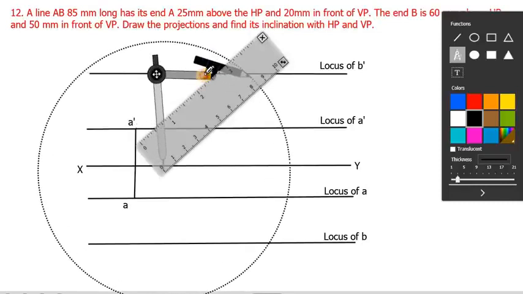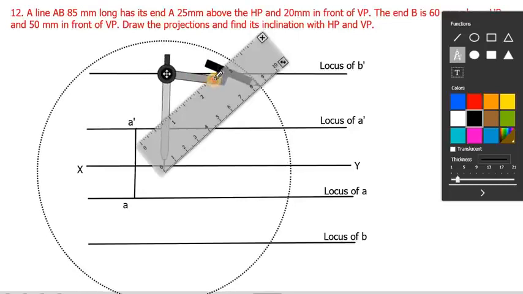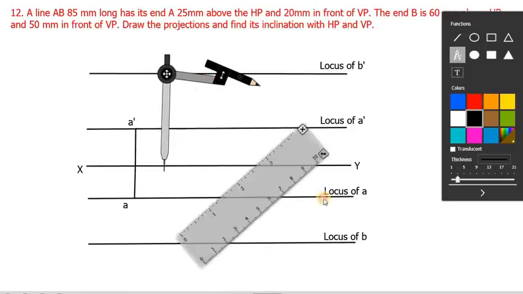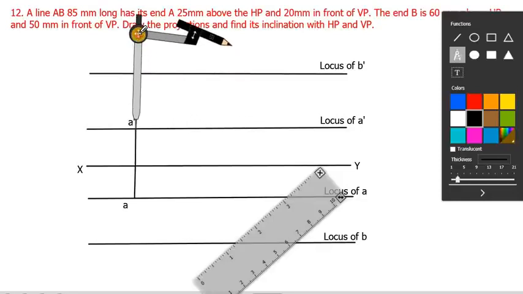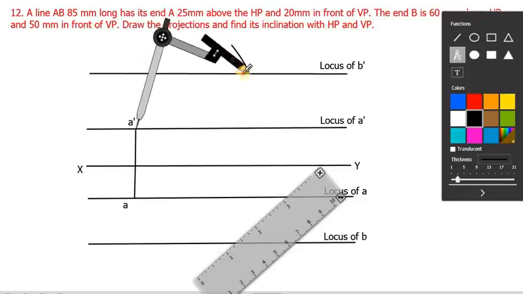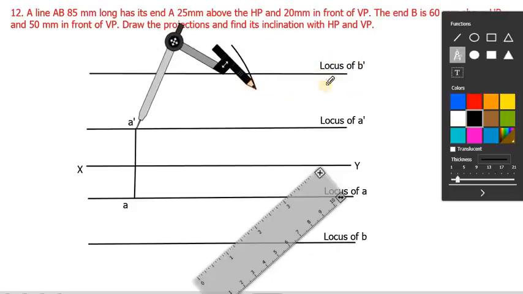So 85, with A dash as center and of length 85, draw an arc to cut the locus of B dash. This point will be B1 dash.